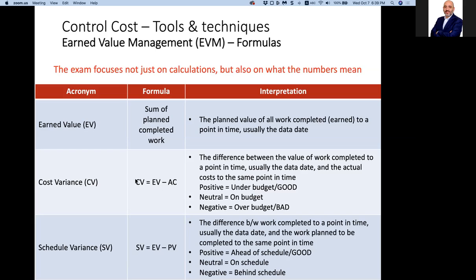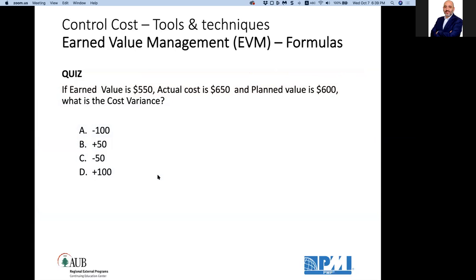Right? And with the indices, if they give you that the cost performance index is 1.1 and the actual cost is $100,000, what's the earned value? You say earned value equals cost performance index multiplied by the actual cost, so you reverse the formula.